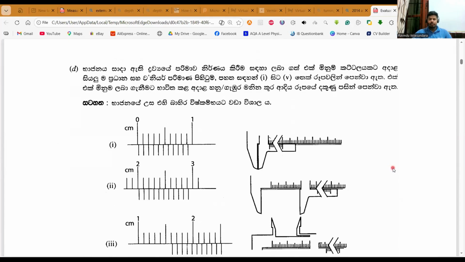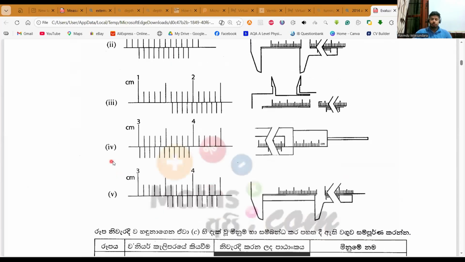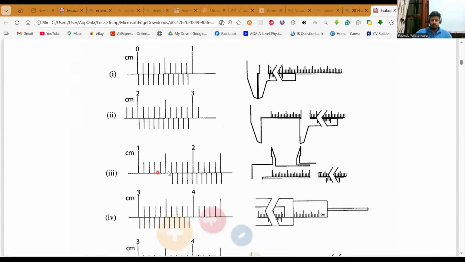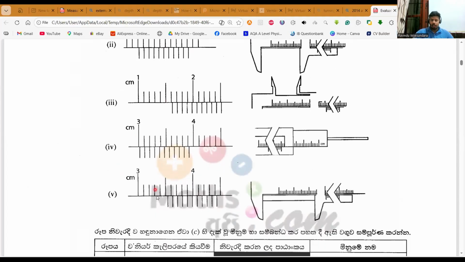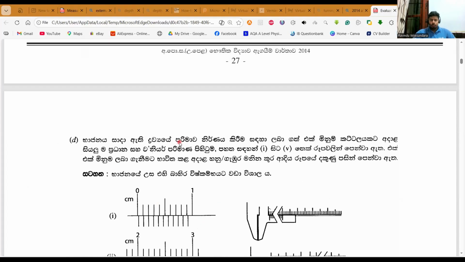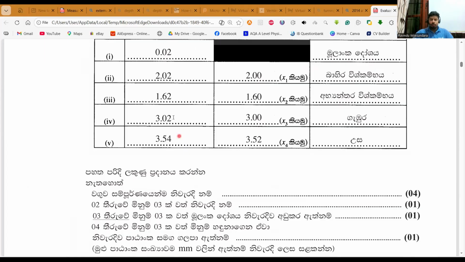Then they have given the readings each time that they have used the vernier caliper. You are given 5 readings: the first, second, third, fourth, and fifth reading, and you have to write them down in this table.